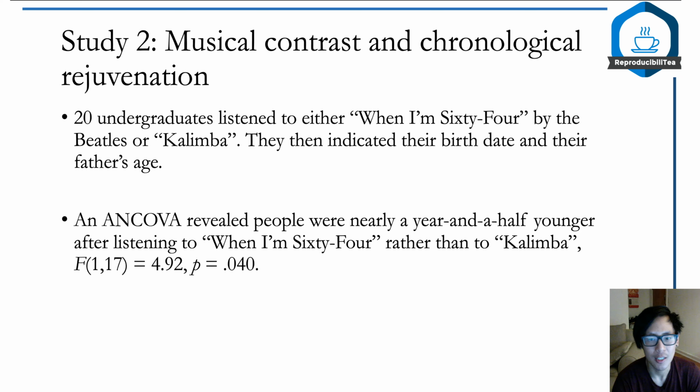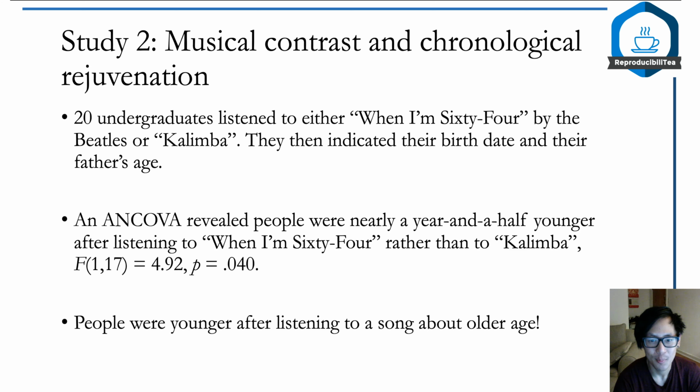The father's age was used as a covariate in the subsequent analysis. And then an ANCOVA revealed people were nearly a year and a half younger after listening to When I'm 64 rather than to Kalimba. The F statistic there is 4.92 and the P value is 0.040, which is less than 0.05, so a significant effect. So it appears that we have evidence that people were younger after listening to a song about older age.